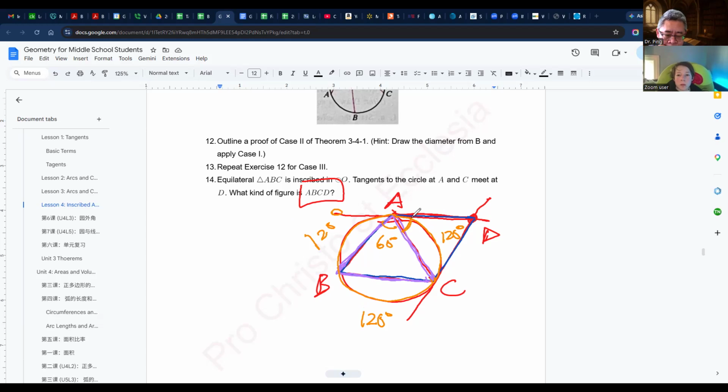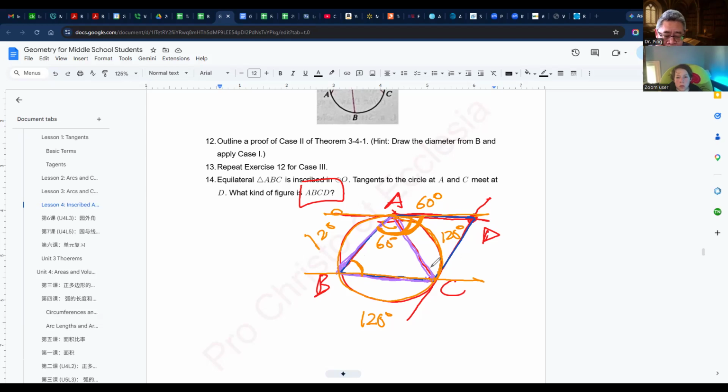And we know this one is half of that, so that's 60. Good. Now the 60 at this, that's 120 here. Now this 120 and this one is 60. 120 plus 60 is 180. So that means this line and this line are parallel.